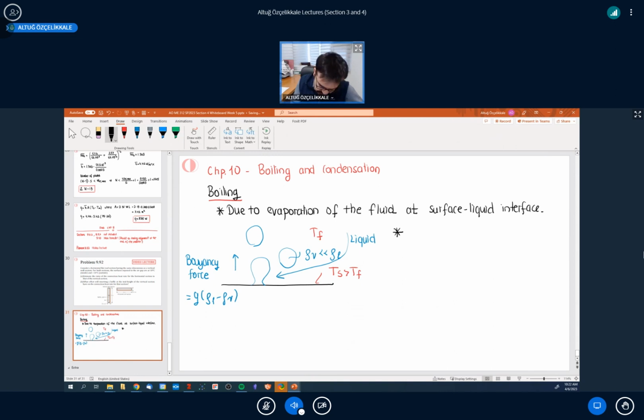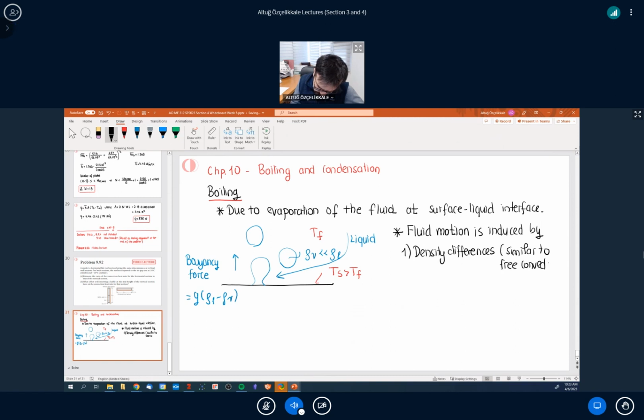The fluid motion is going to be induced by two mechanisms. By one, the density differences. That's similar to free convection. And two, the movement of liquid due to formation and motion of the bubbles.